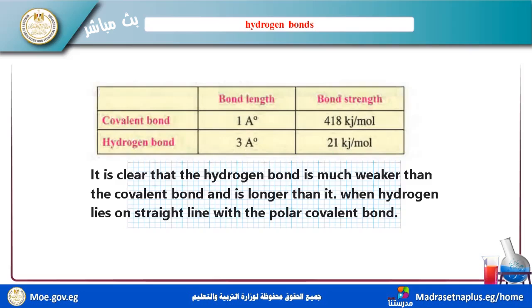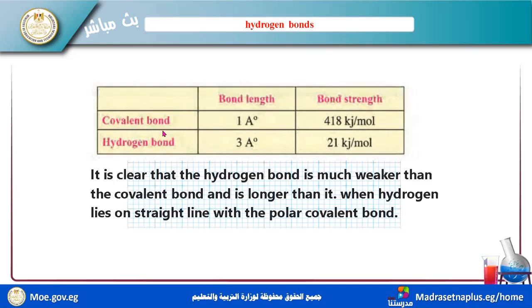It's clear that the hydrogen bond is much weaker than the covalent bond, and is longer than it. It is longer: I have 3 angstrom, but the covalent bond is 1 angstrom. So the longer length of these bonds helps us to dissociate them.